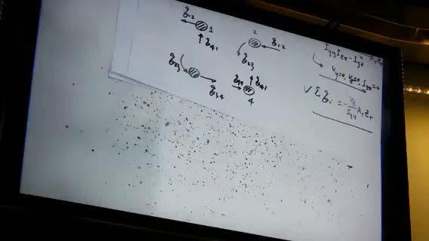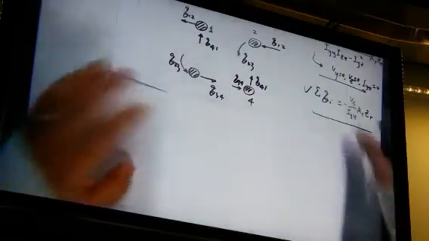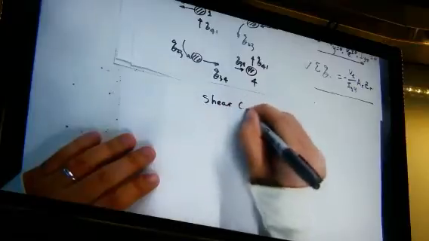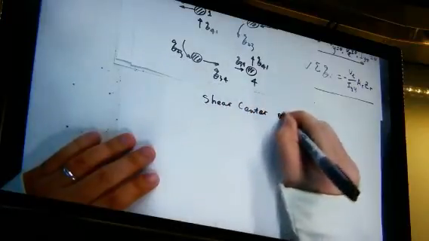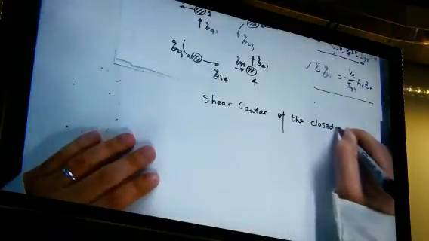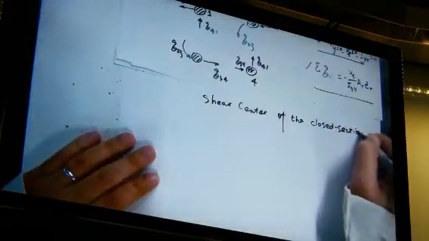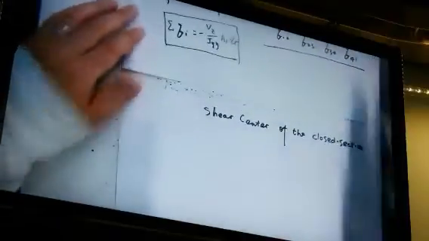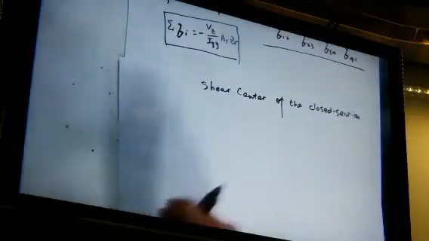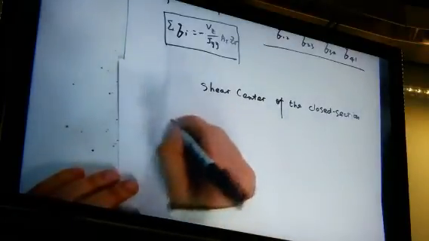And what is the shear center of the closed section? This one has no difference from the open section.